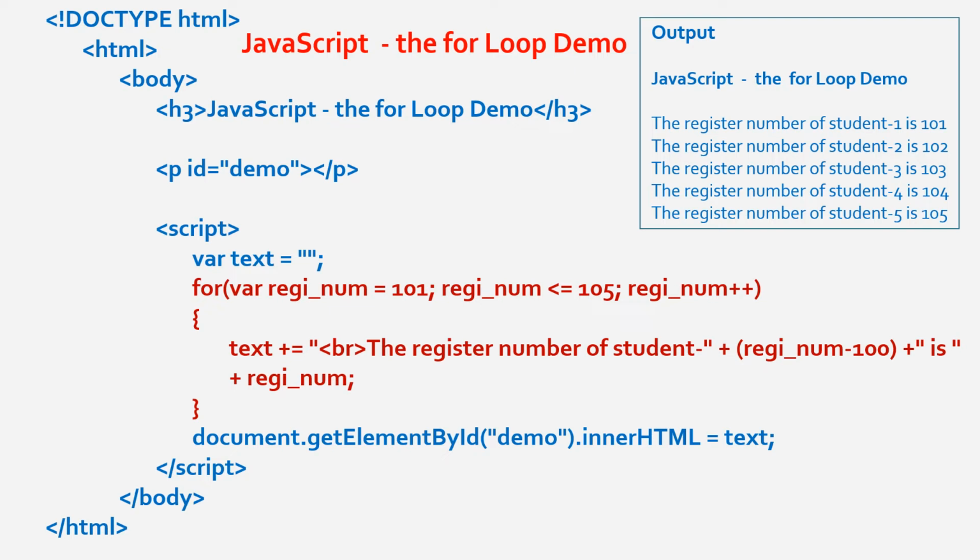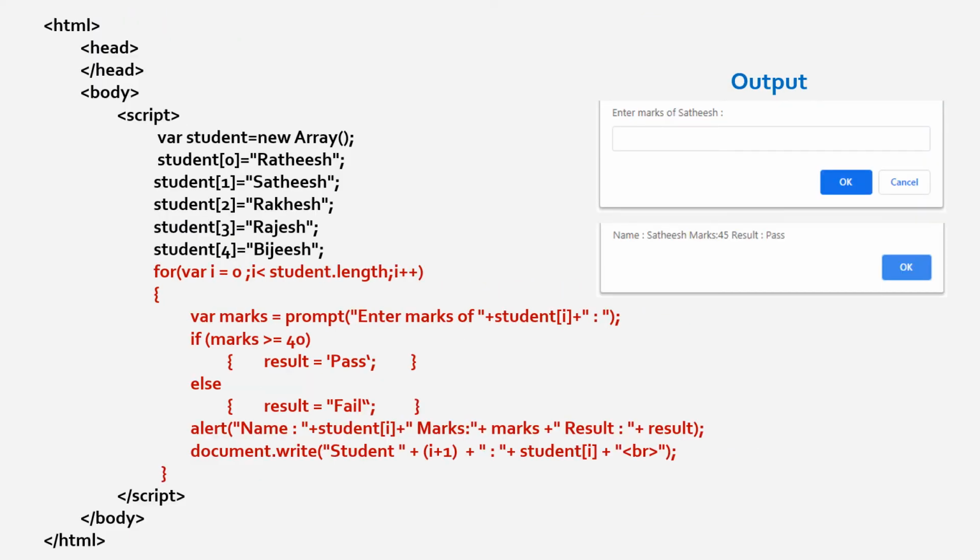After incrementing, again it will check the condition. If the condition is true, again it will enter into the loop and execute. Again increment will happen, it will check the condition, and if it is true, like that, otherwise it will come out. It will keep on printing till 105. This is the JavaScript for loop.